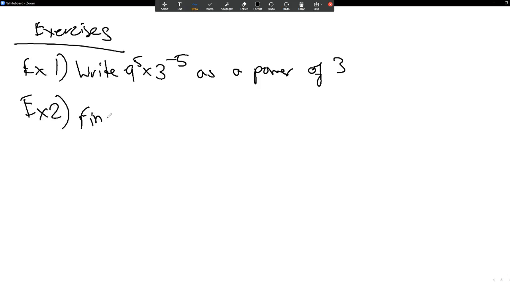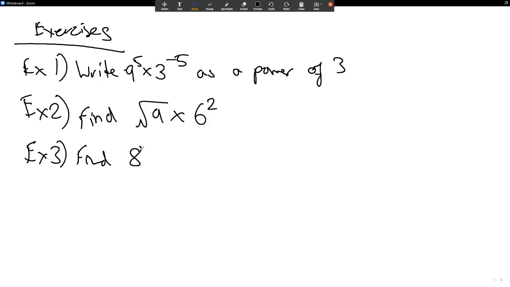Find the square root of 9 times 6 squared. And finally, find 8 to the power of minus 5 over 3. Or it won't be find, it'll be simplify, because you're making it simpler. Okay, good luck.